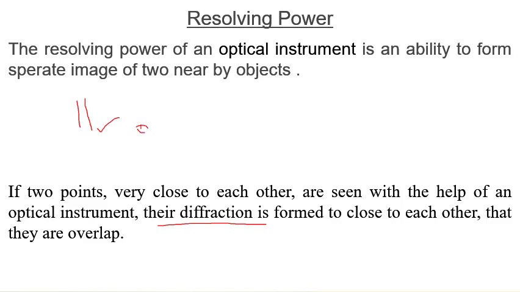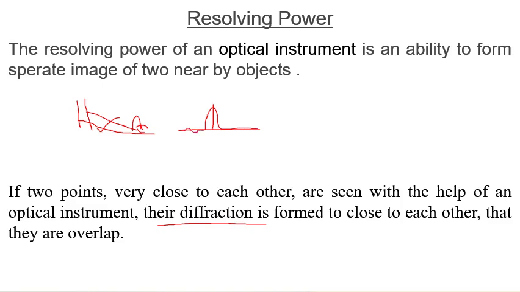The light coming from these two lines reaches your eye, and at the eye the diffraction patterns of these lines are formed. In the single slit diffraction pattern, the first maxima is formed, and after that the minima and secondary maxima are formed.